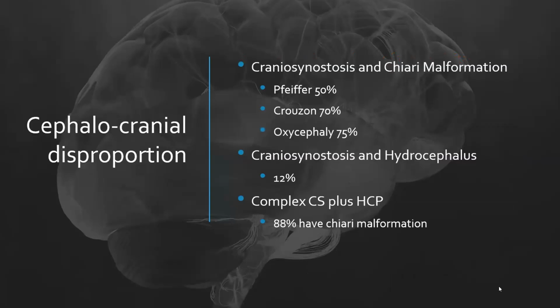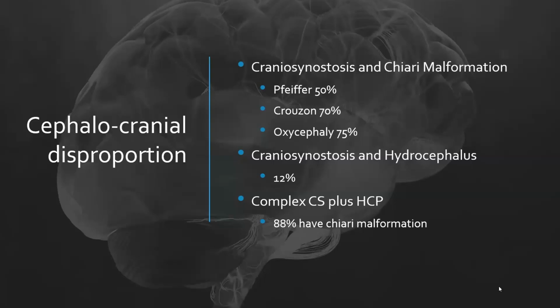So trying to break this up piece by piece, one is looking at patients with a smaller volume, so a cephalocranial disproportion. And I think one classic example is craniosynostosis. If you look at craniosynostosis patients who have Chiari malformation, the two main syndromes you think about are Pfeiffer and Crouzon. Chiaris have been described in up to 70% of Crouzon patients with craniosynostosis, and in Pfeiffer's almost half as well.